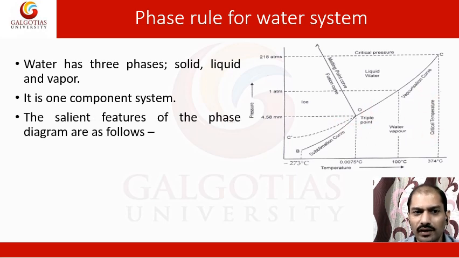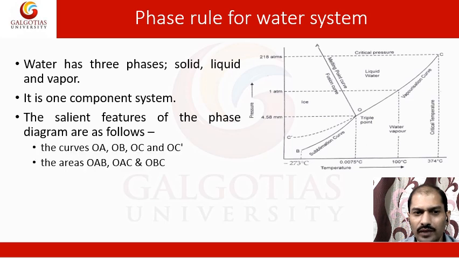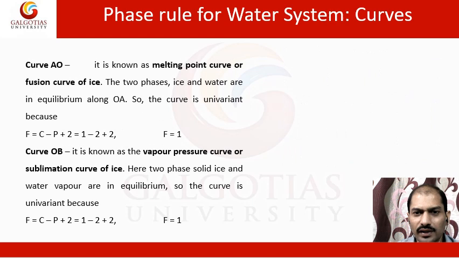Another salient feature of the diagram is the curve AO, which, as I already said, represents the melting point curve or fusion curve. If you remember the graph, the two phases, ice and water, are in equilibrium along OA, so the curve is univariant.